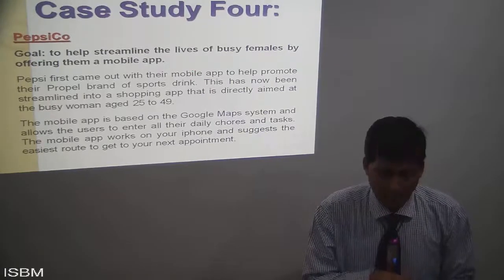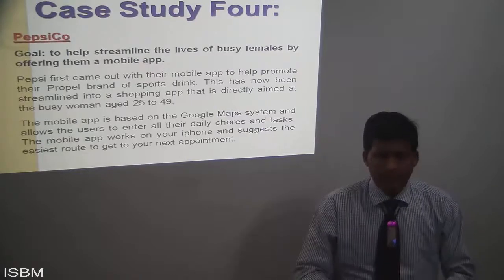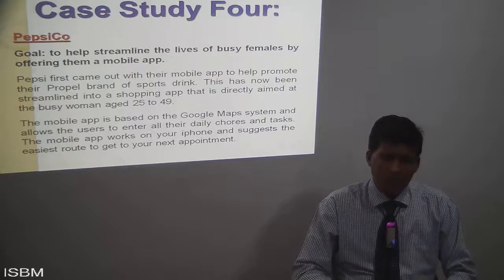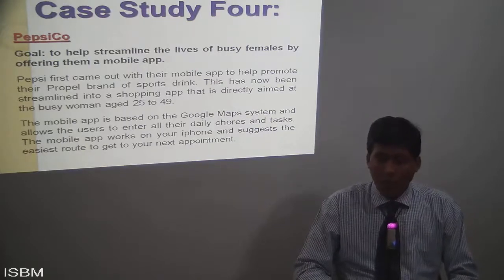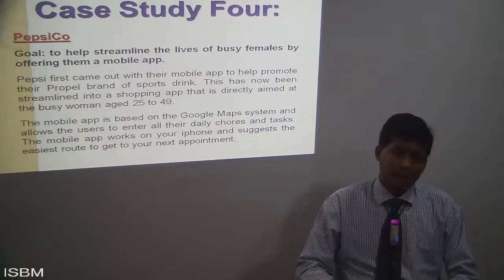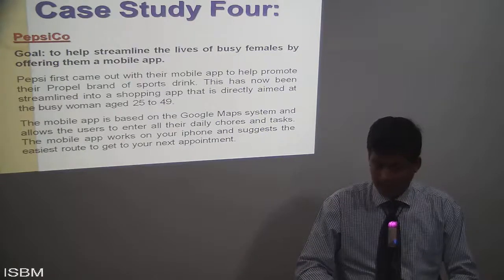The mobile app is based on the Google Maps system and allows the user to enter all their daily codes and tasks. That means this app makes it much more user friendly as well.